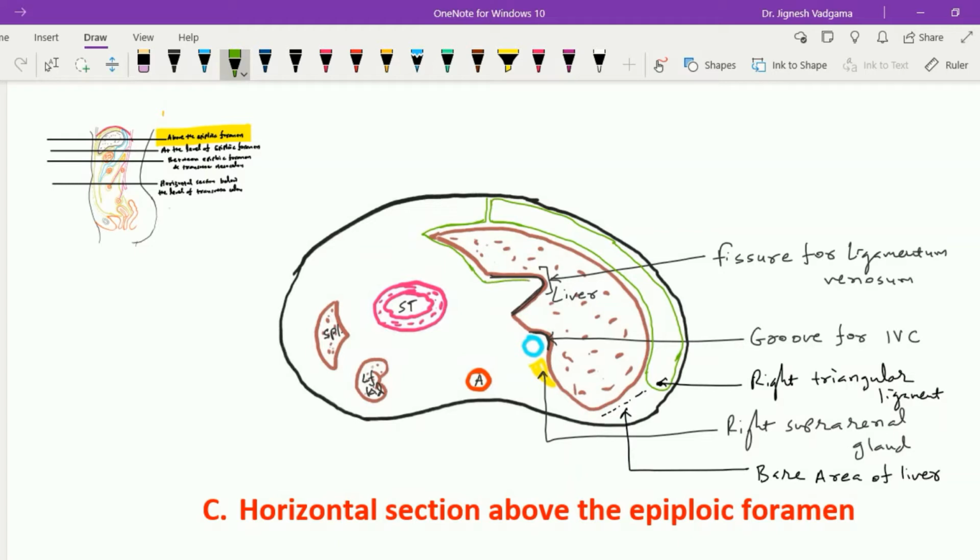Here, within the fissure, it reflects on itself and continues as the anterior layer of the lesser omentum, where it reaches the lesser curvature of the stomach and covers the anterosuperior surface of the stomach. Then it reaches the fundus of the stomach, and from here it passes to the anterior lip of the spleen as the anterior layer of the gastrosplenic ligament.